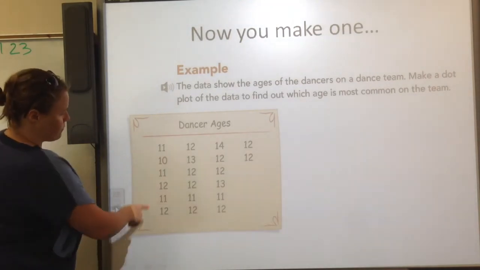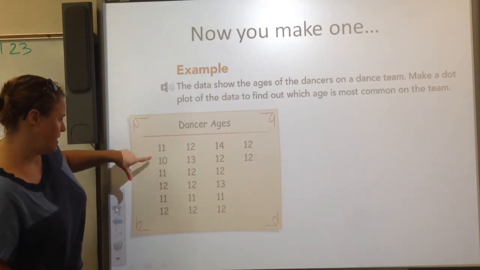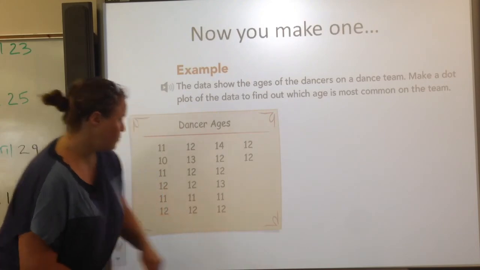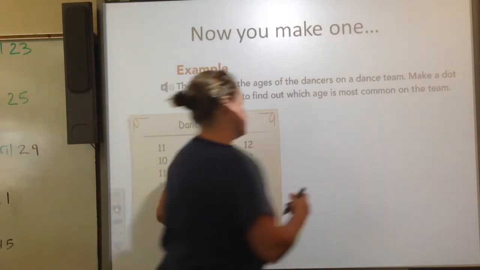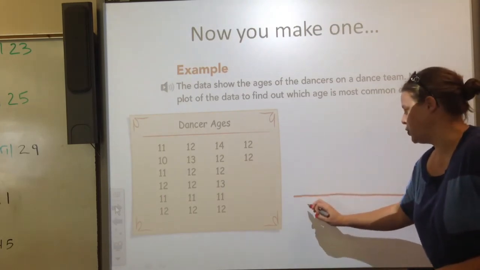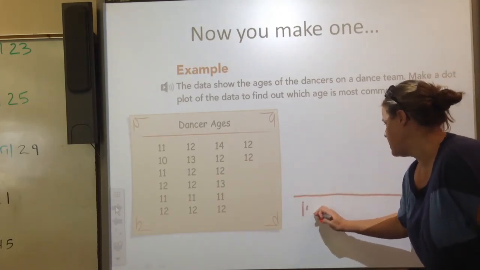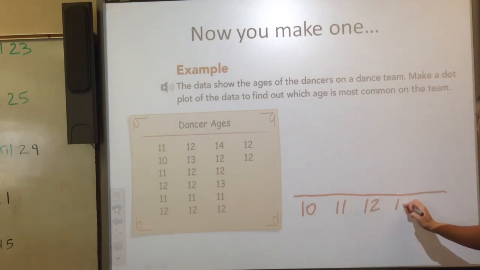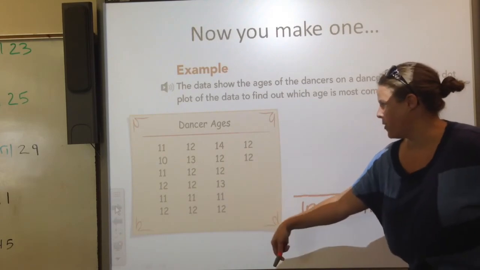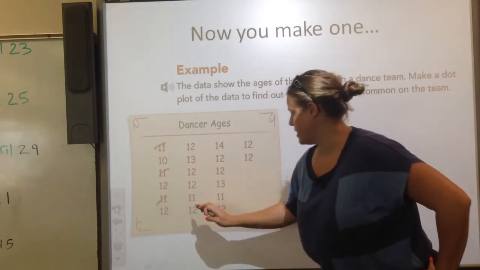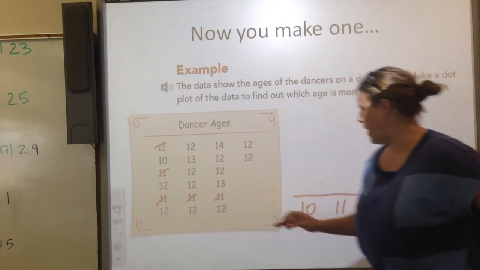So we've got data that ranges from, looks like 10, maybe our youngest, and 14 is our oldest. So you are making this, and we can make our number line: 10, 11, 12, 13, and 14. And for every number, so I'm going to count my 11s. So 1, 2, 3, 4, 5 11s.